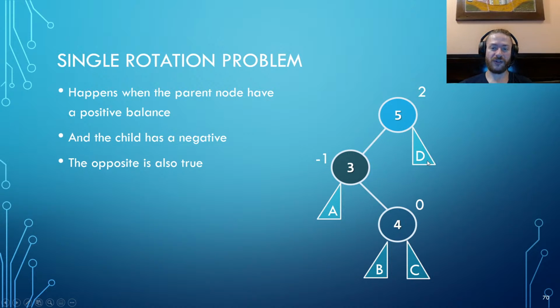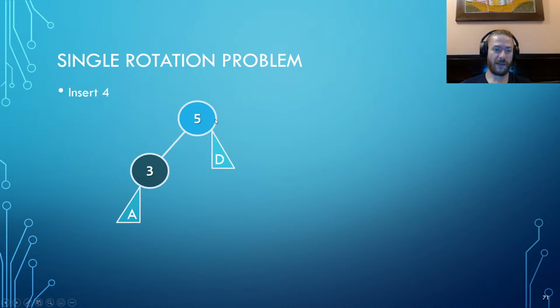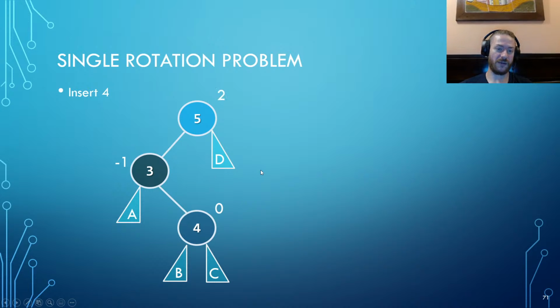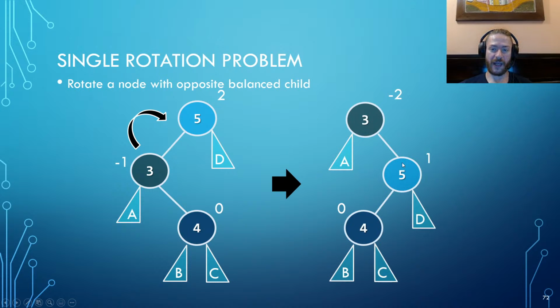But when we try to do a regular rotation, because the balance is not okay, it will happen like this. We add 4, we update the values, then we decide to rotate 5 because it's off balance, and it will become the following, which again is unbalanced because now the balance will be -2.